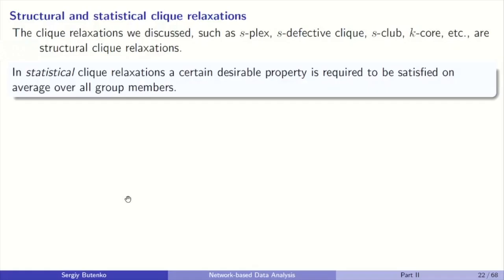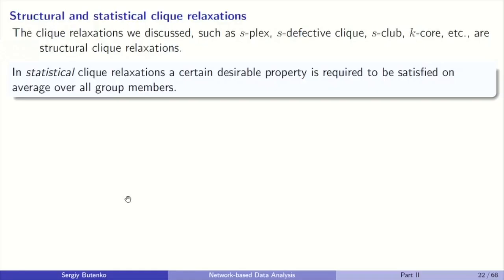You could also define statistical clique relaxations if you wanted to have a certain property, say on average, instead of requiring it to be satisfied for every single vertex. And remember, when we were talking about small world networks, the average distance between any two vertices is short, right?